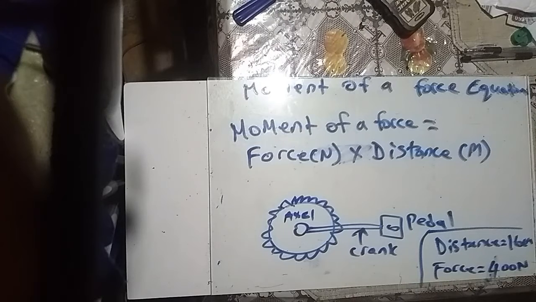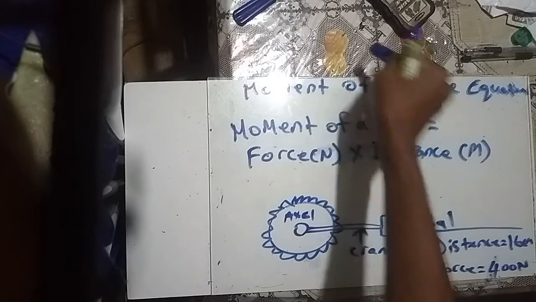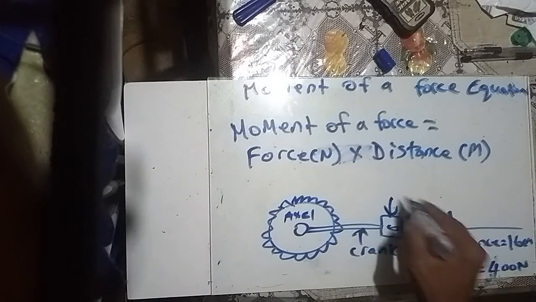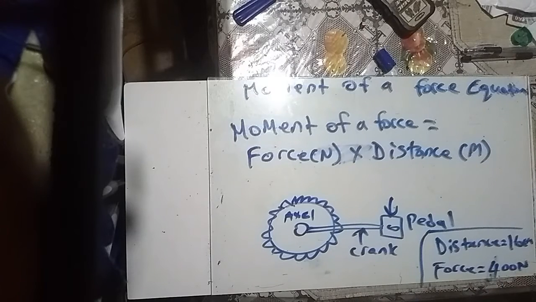Now the question says the crank of a bicycle pedal is 16 centimeter long. And the downward push of a foot, that basically occurs right here where the foot goes and puts force on the bicycle pedal, is a force of 400 newtons.